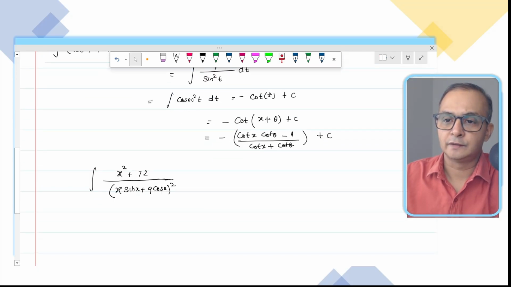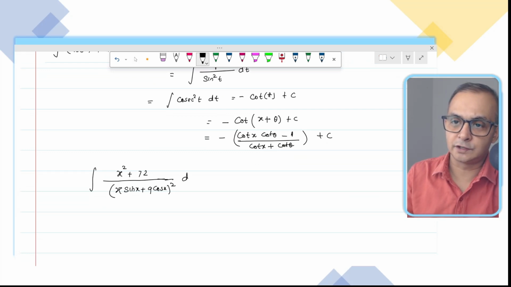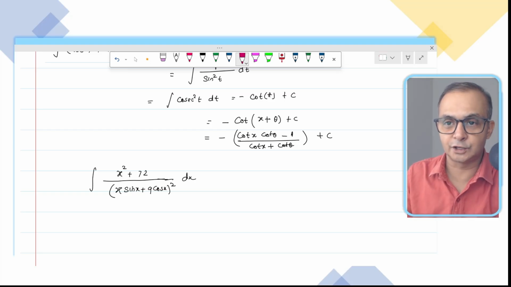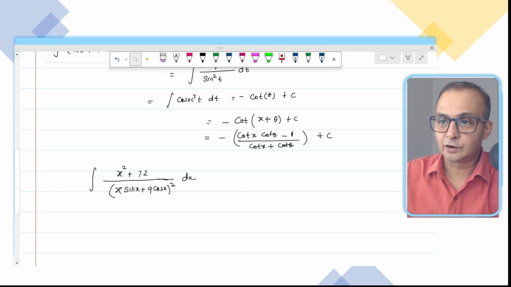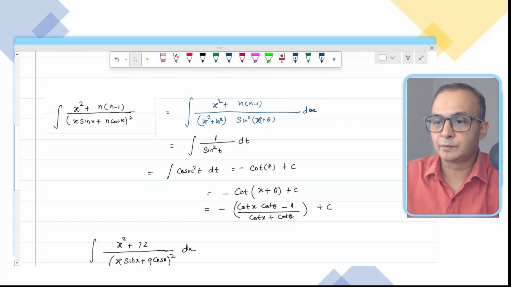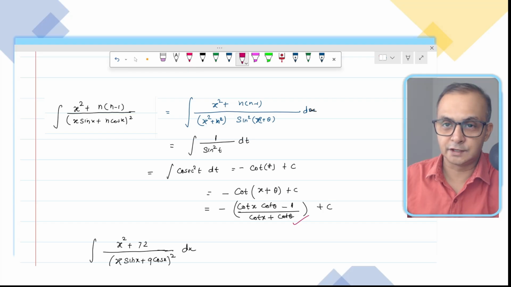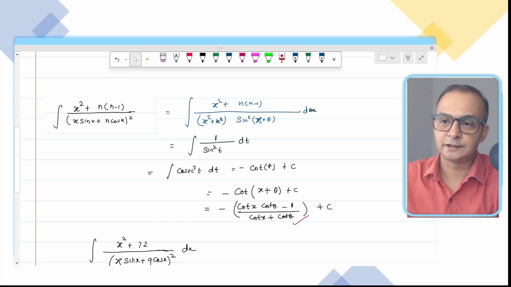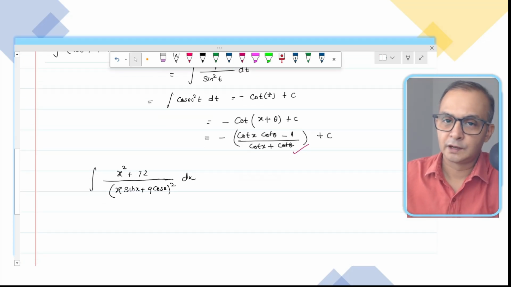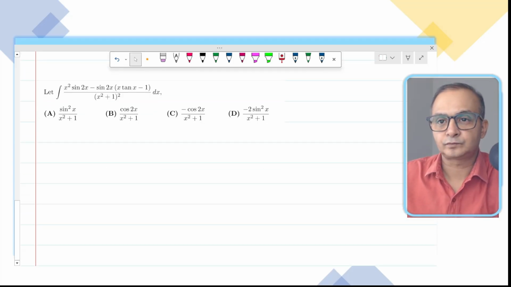And so the top has x squared plus n into n minus 1, that is x squared plus 9 into 8, that's 72. So the process will be the same. And I'm not encouraging you to remember the final integral, but to understand how the thinking is developed. Let's go to the second question.